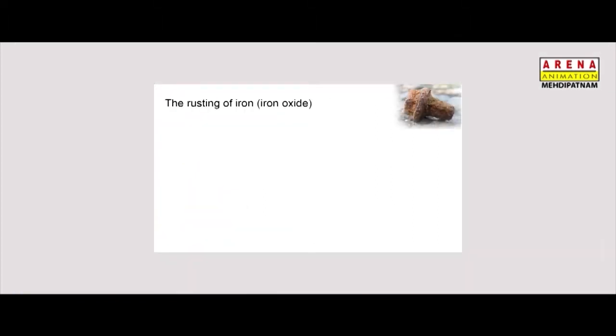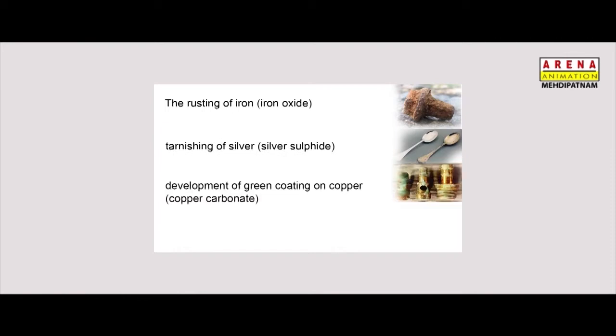The rusting of iron, tarnishing of silver, and development of green coating on copper and bronze are some examples of corrosion.